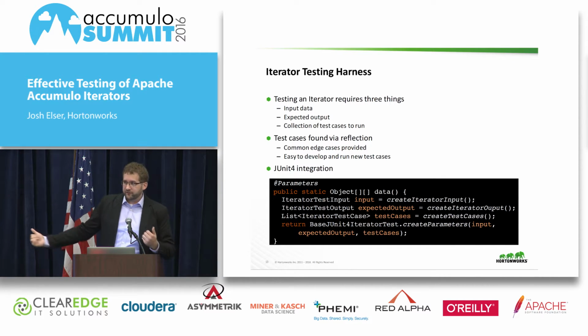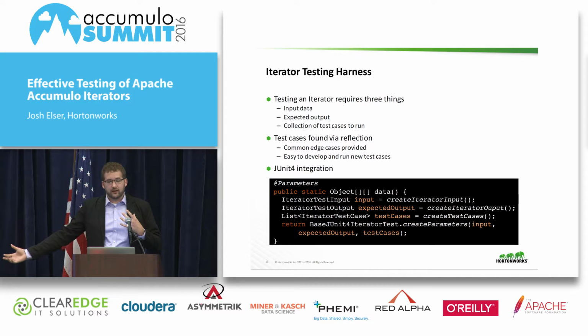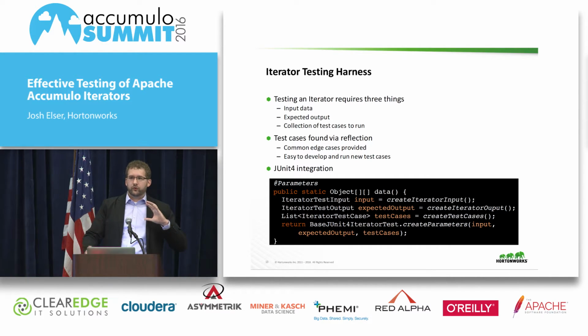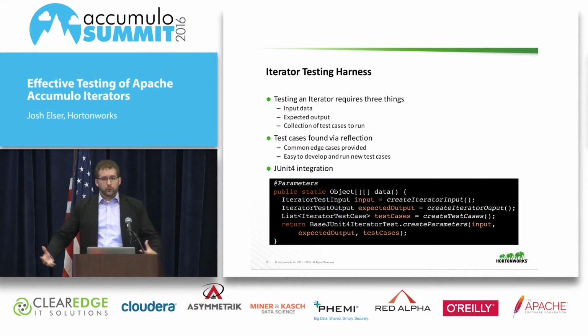If you're using JUnit4, you can use a nice parameterized annotation, and it will run all of these test cases out, break them out into nice little reported test results by Surefire, and that's pretty much the majority of the actual flow of writing a test in this harness.